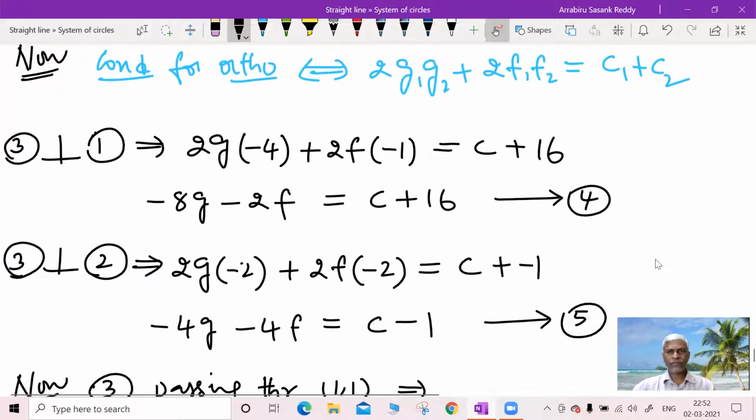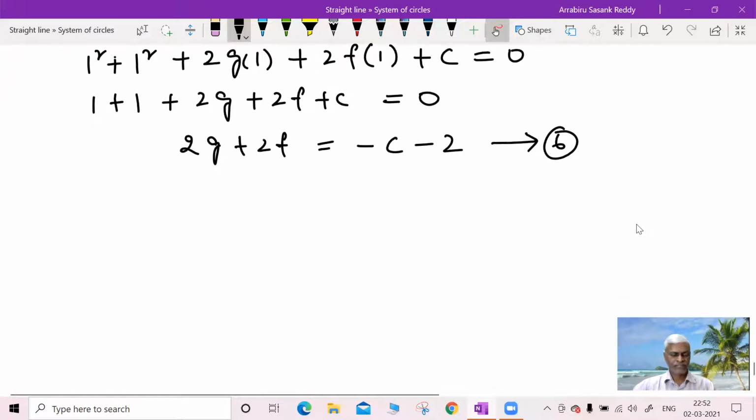Now using 4, 5, 6, we can find the g, f, c values.